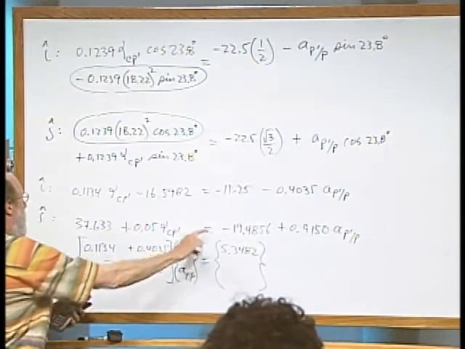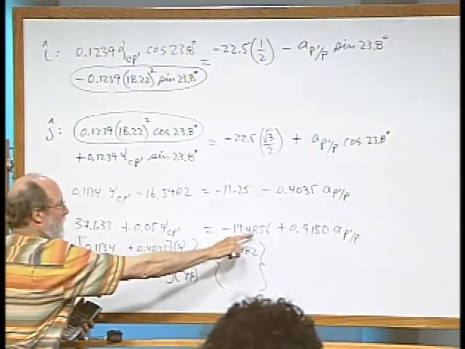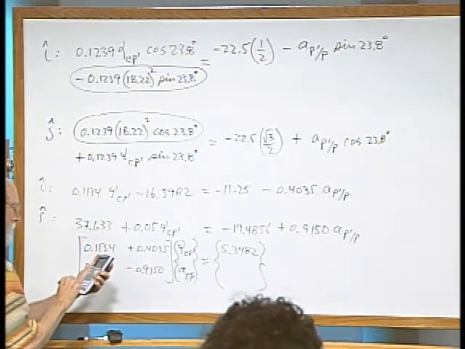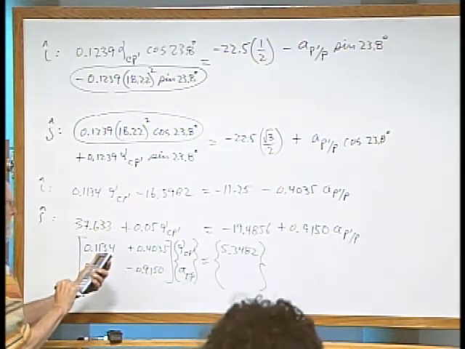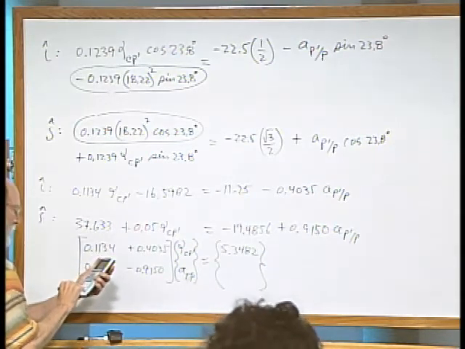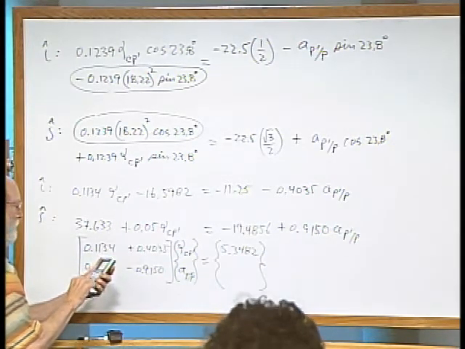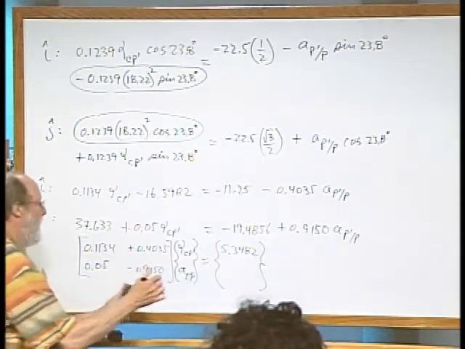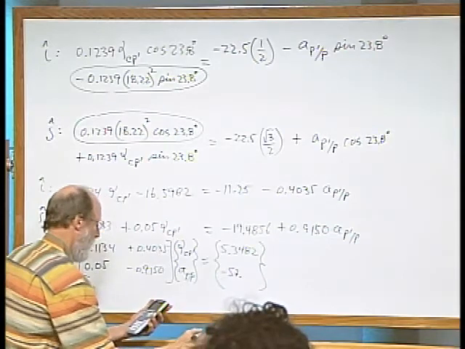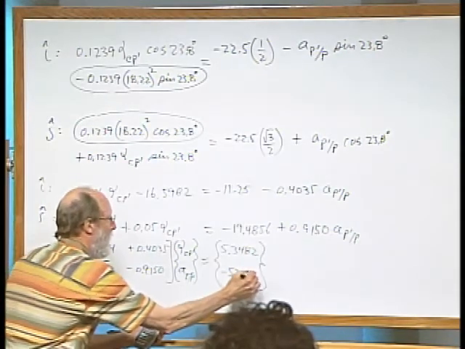And then we have our minus 19.4856, and a minus 37.633 for a negative 57.1186.